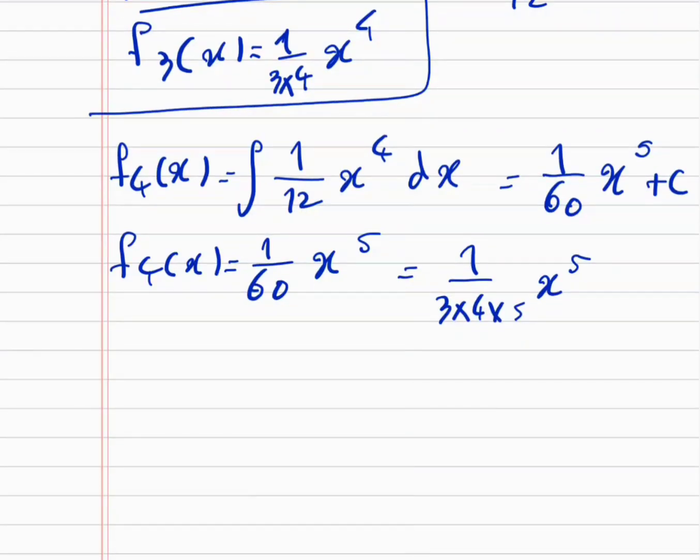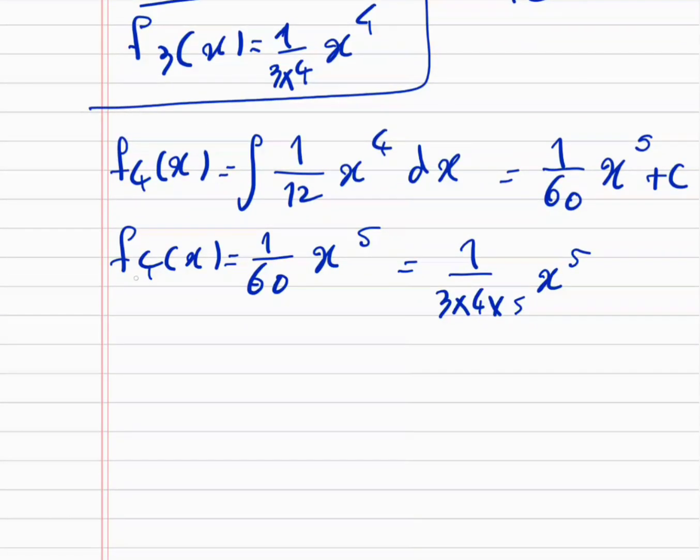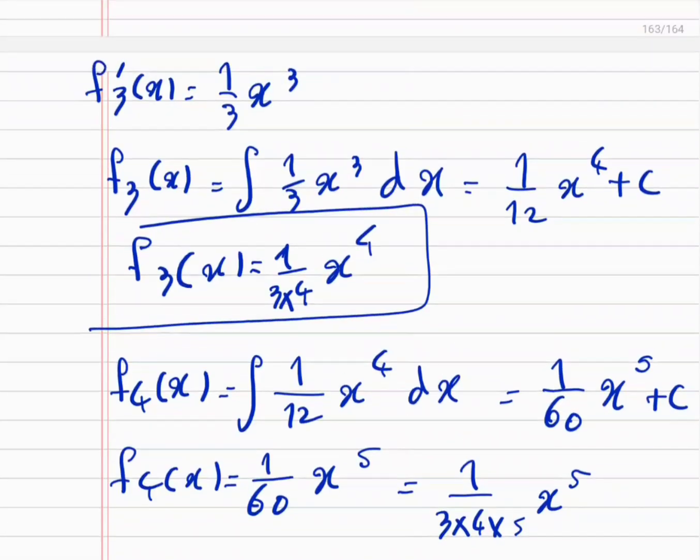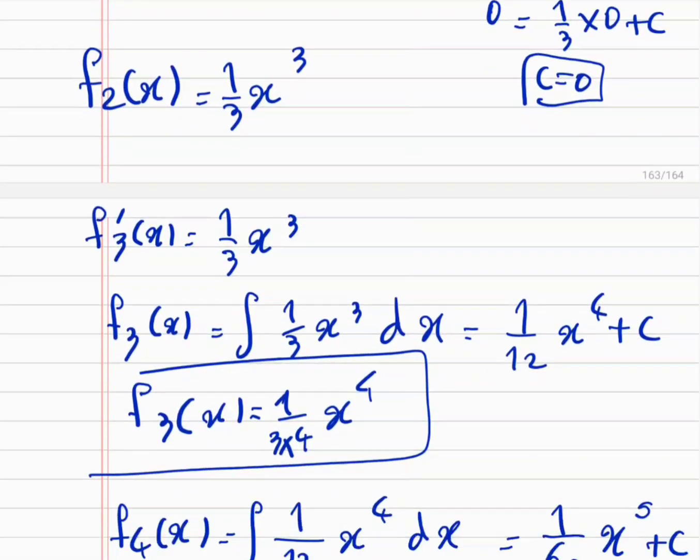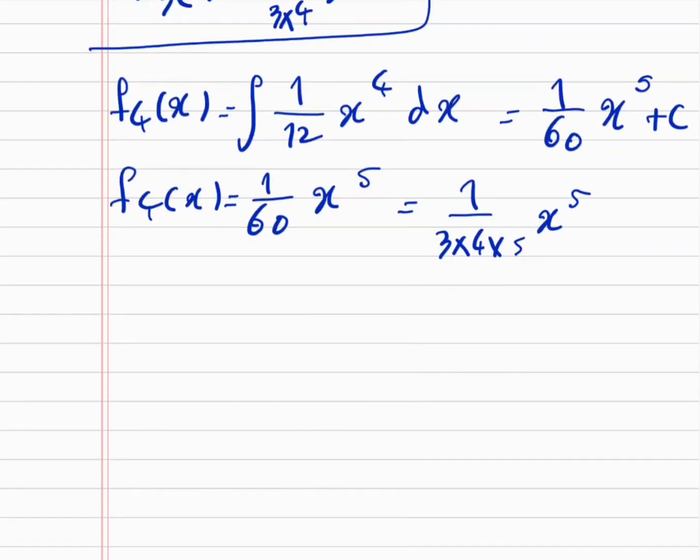So the point here is that for whichever term you have, the power is 1 plus that. So if this is the fourth function, the power is 4 plus 1. As you can see, this is the pattern in f2(x), f3(x) and f4(x). So we can write fn(x) as x to the power of n plus 1. So that's the first thing.